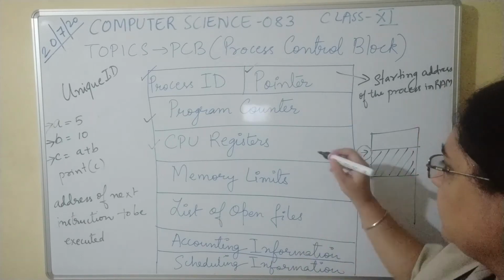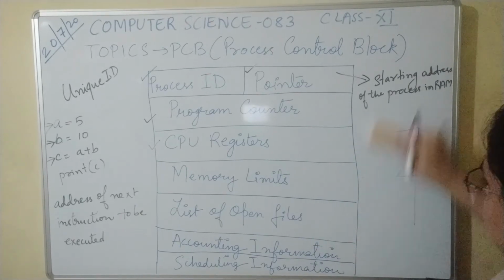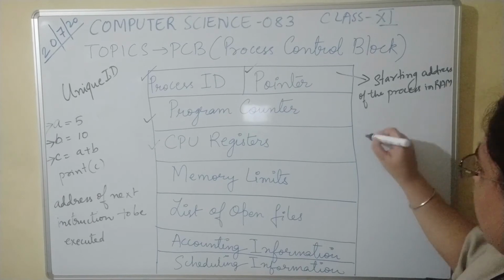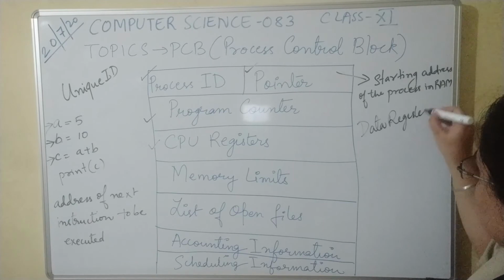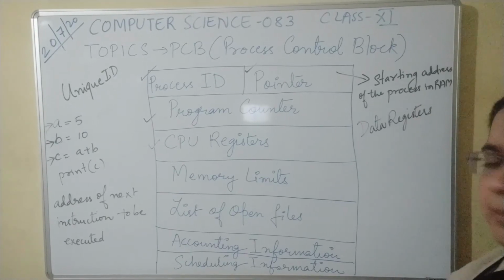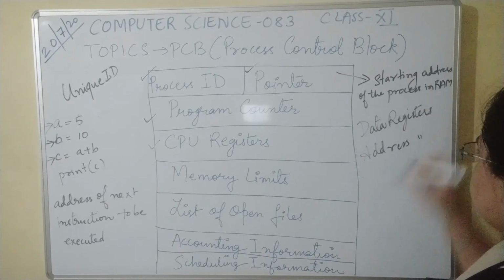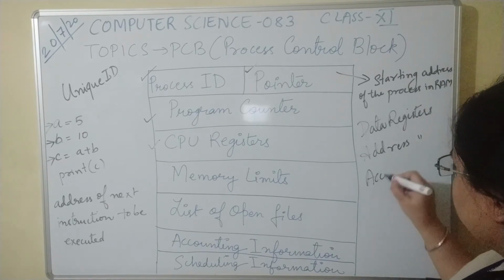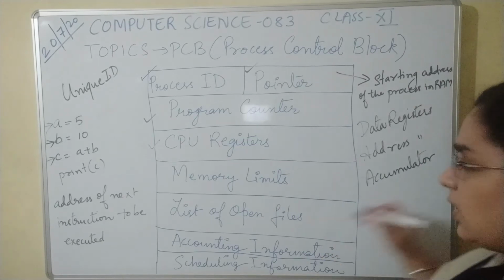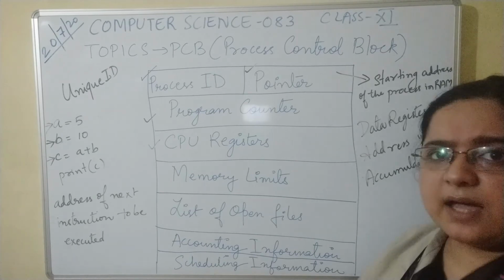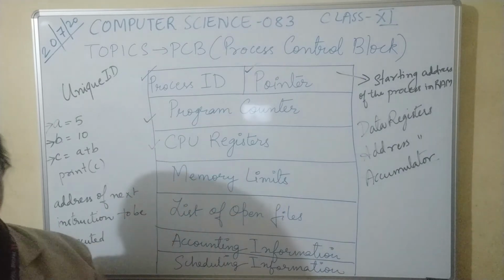We have various types of CPU registers, like some are data registers, some are address registers, one of them is an accumulator which helps in all the calculations. So this way we have various types of registers which are used by your CPU.